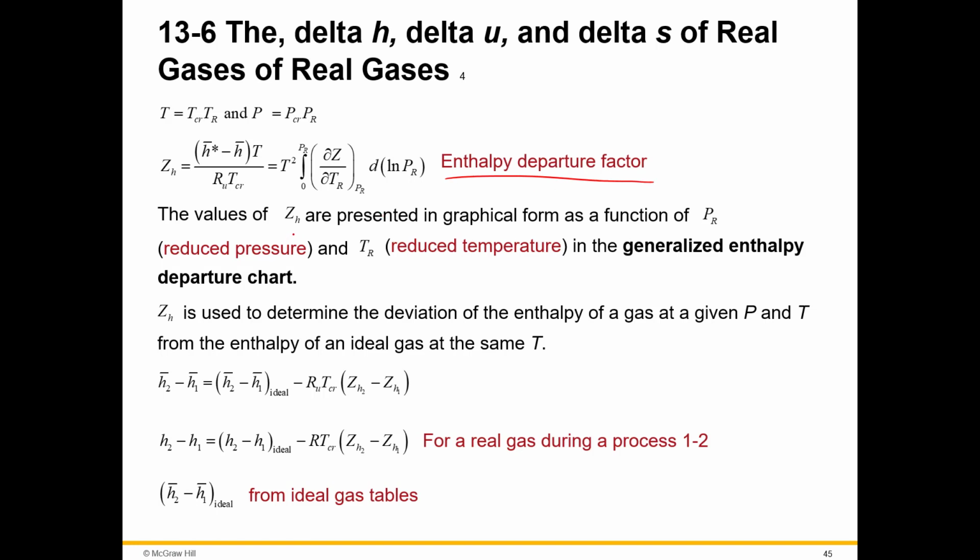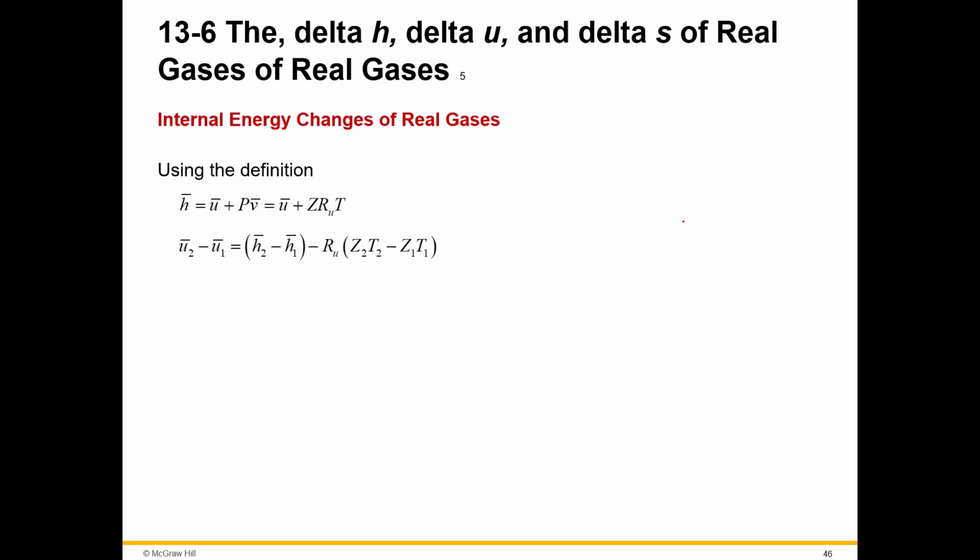And then the values Z_H are represented in graphical form of P_R, reduced pressure, and T_R, reduced temperature, in the generalized enthalpy departure chart. And then here's some more information that you can use for real gas during a process 1 to 2 from the ideal gas tables.